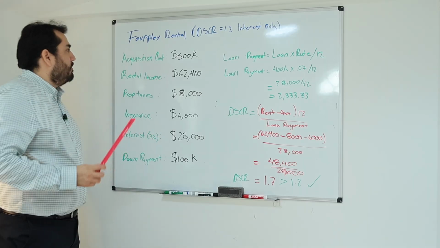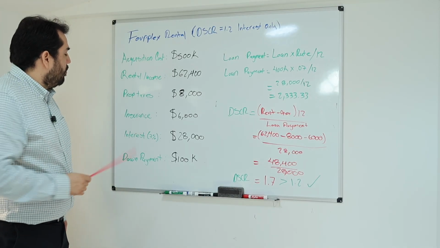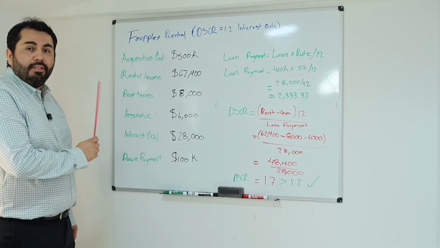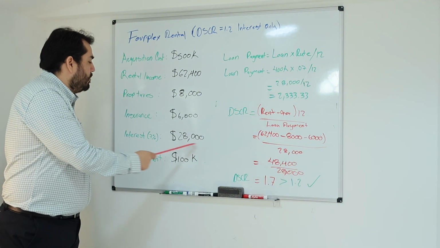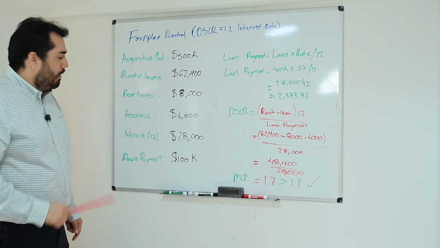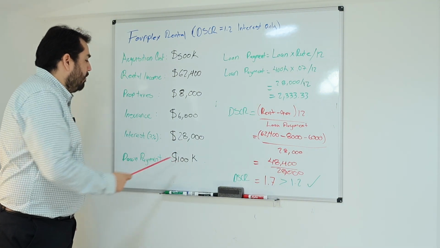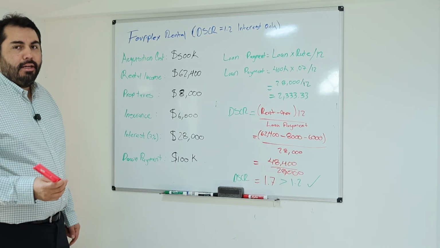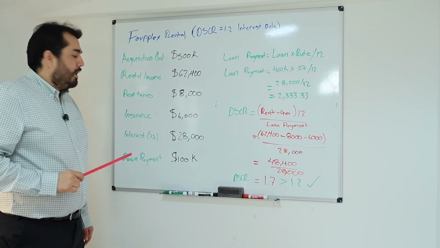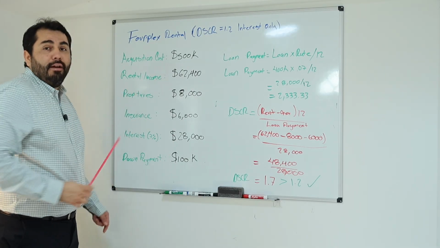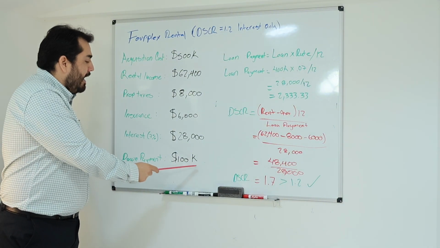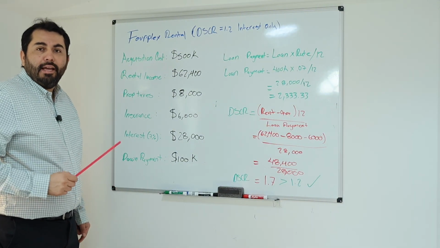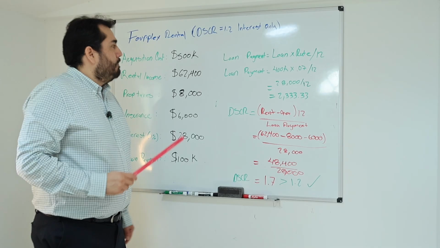The interest in this particular DSCR loan will be around 7%, the interest rate, which comes to $28,000 a year. And the down payment will be, since the lender is only giving us 80% of the $500K, we have to put $100K for a down payment.